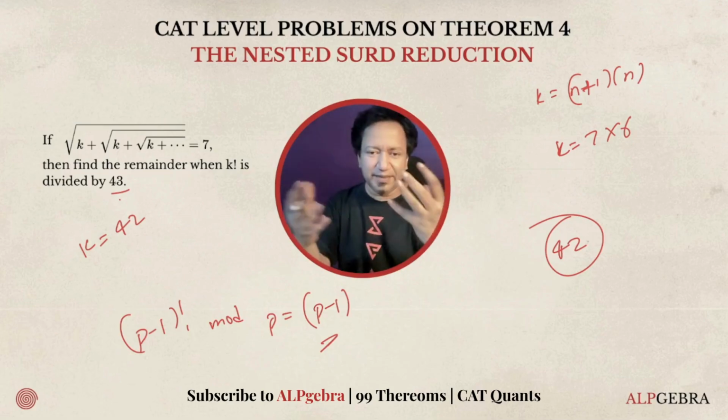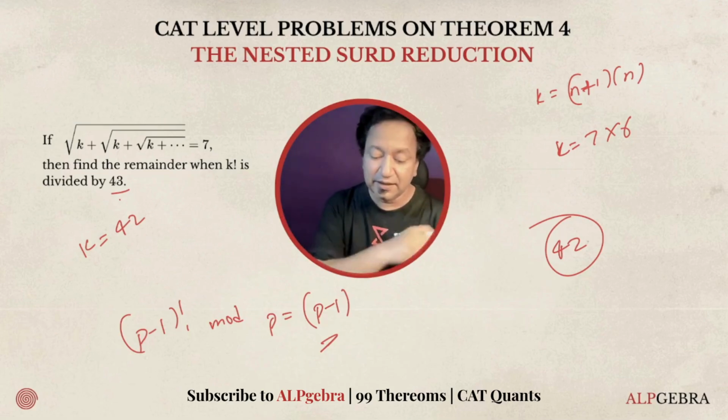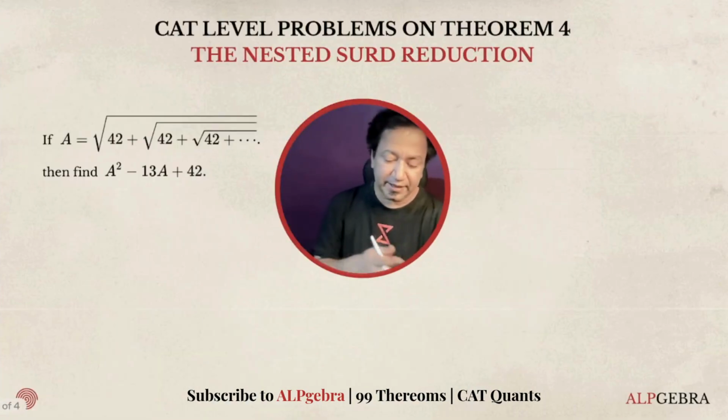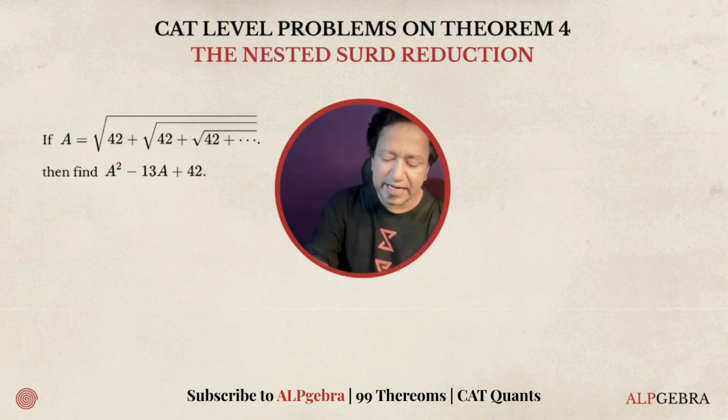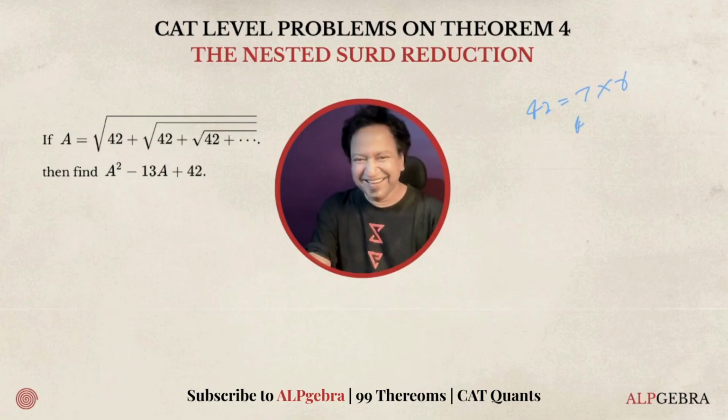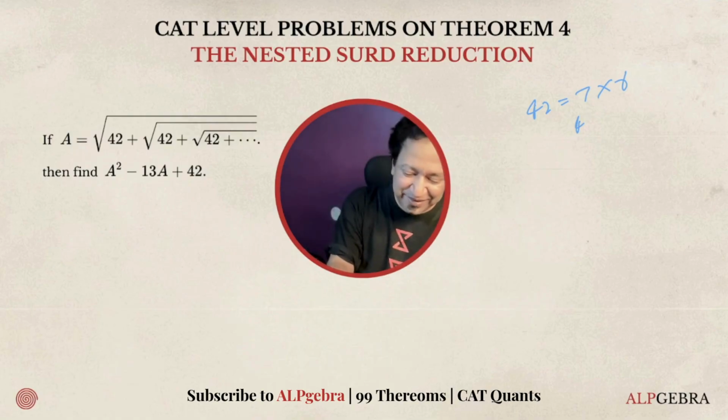So this is a blend of number system and algebra. One more. A is equal to this, find this. So if A is equal to this, what exactly is 42? 42 is nothing but 7 into 6. A will be 7. I'm kind of enjoying it. So if you break this up, 13 can be broken down as minus 6 and minus 7 because the product is 42 into 1.